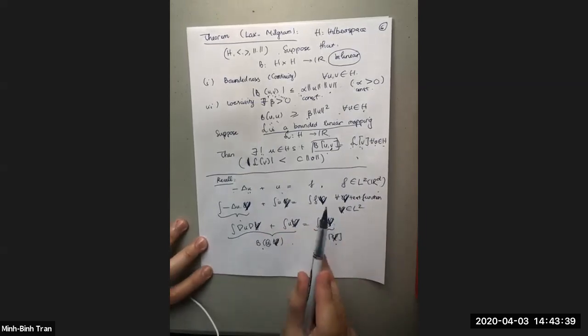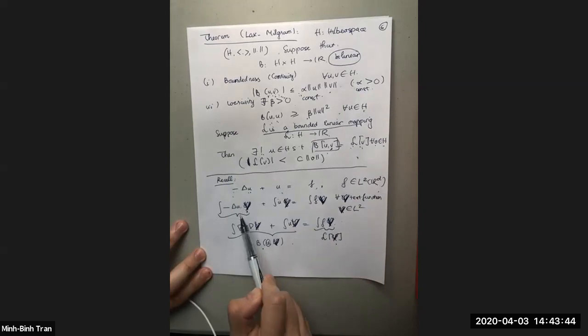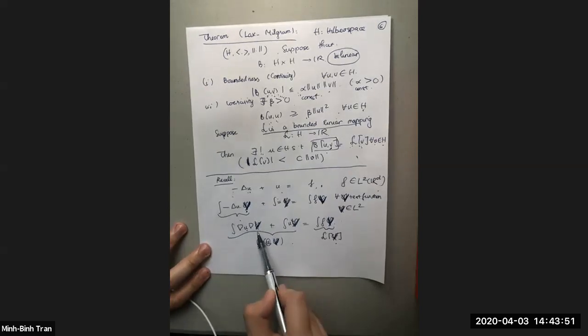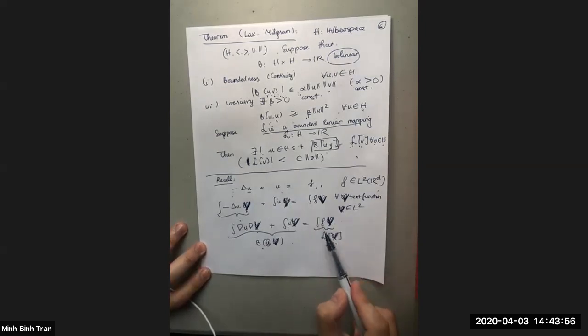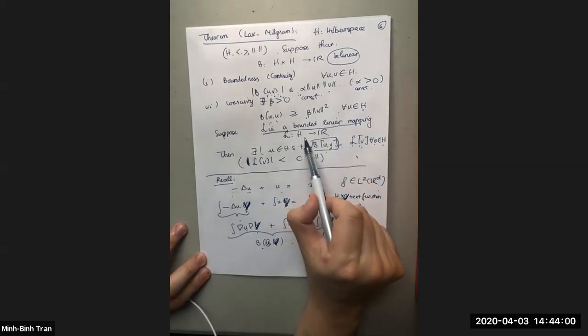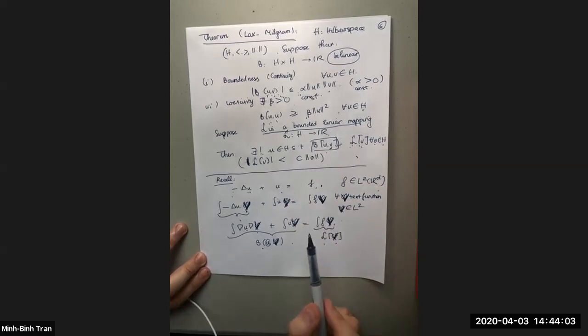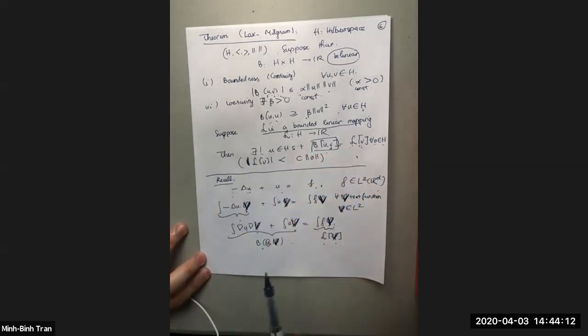I multiply both sides with the test function V. The first term, by integration by parts, I turn into the nabla of U times the nabla of V. The second term I keep, which is U times V. The last term will be F times V, right? So this is going to be this bounded linear mapping from H to R. And the left hand side will be our B, which is the bounded bilinear form, which is also coercive.